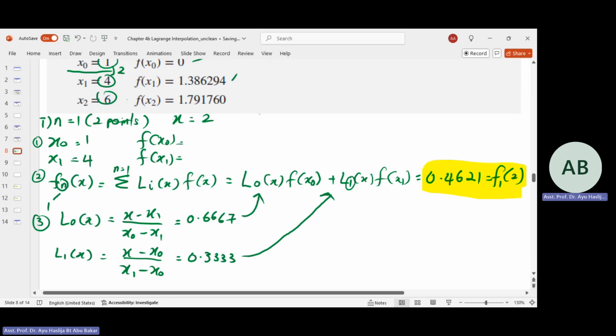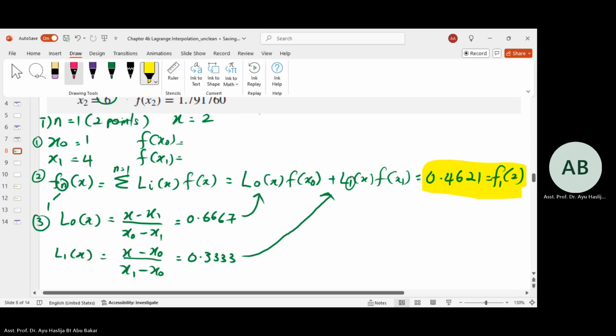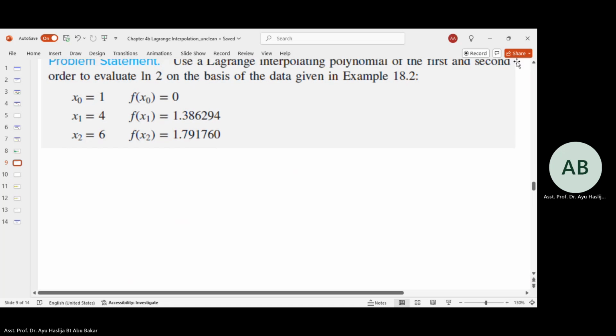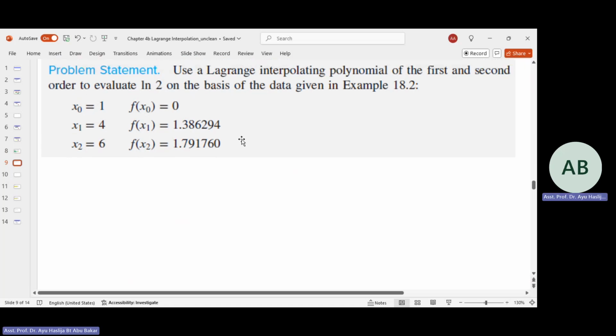Okay, proceed to n equals 2. For n equals 2, your points would be 3 points. You have 3 points, so your data points are all from the given. Yes, use all. Find the weighting function, the general function f2(2).